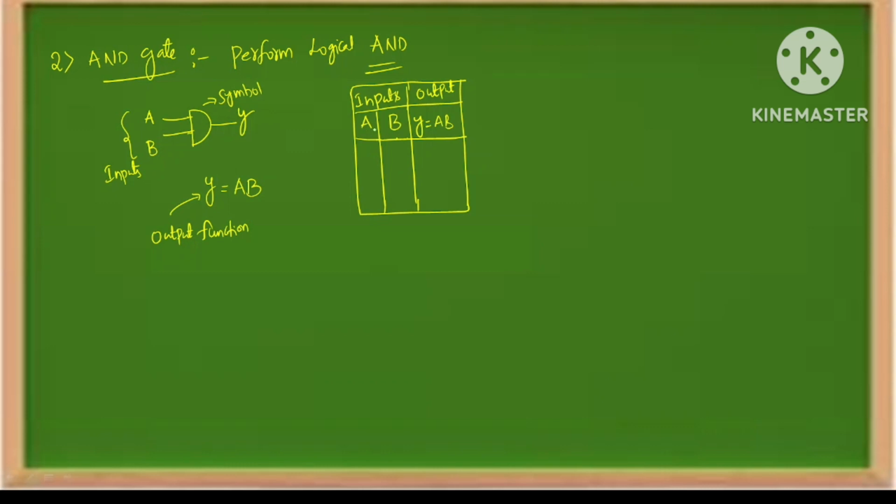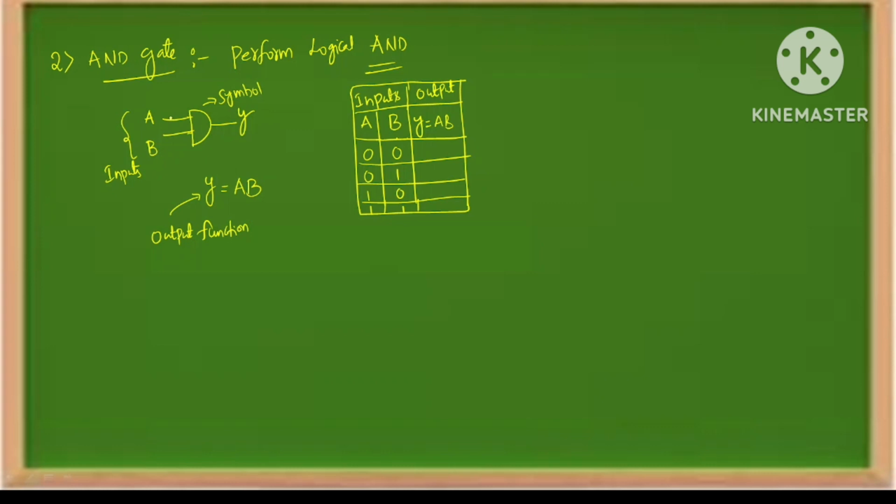With two variables, I can have four possible combinations: 0 0, 0 1, 1 0, 1 1. These are the four possible combinations of A and B. What is the meaning of 0 0?